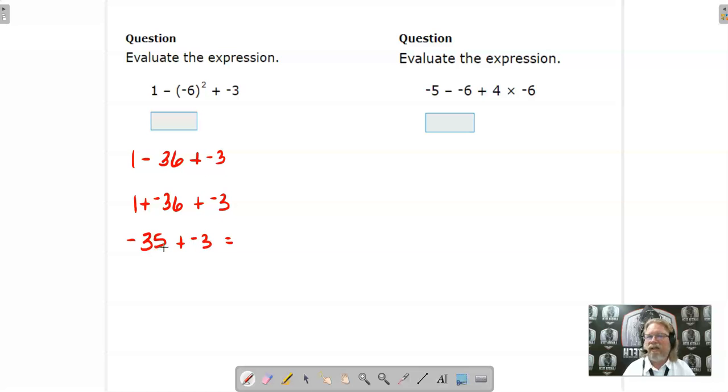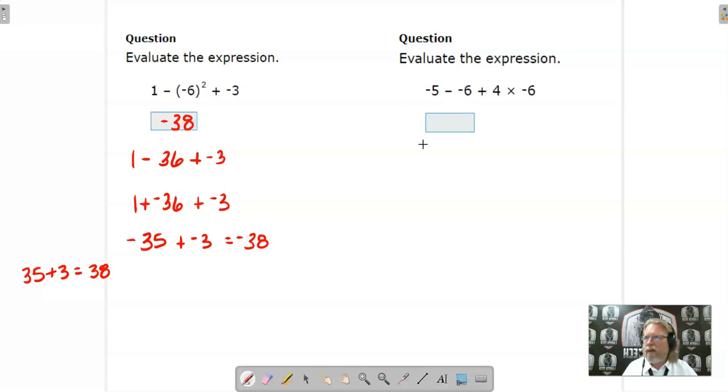Here, the signs are the same, so we're adding two negative numbers together. Just like if we had 35 plus 3, we get 38, and since they're both positive, the answer is positive. Negative numbers, just the same. So 35 plus 3 is 38, and since they're both negative, the answer is going to be negative as well. So we have negative 38.